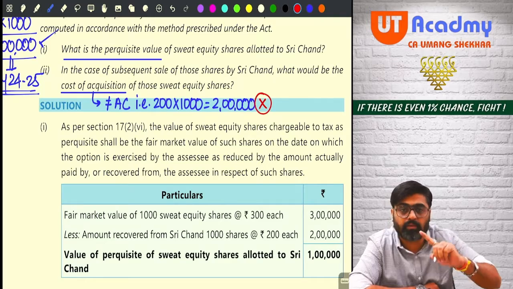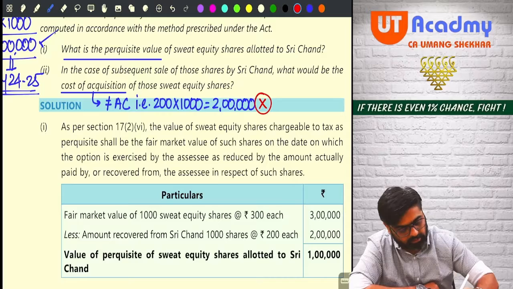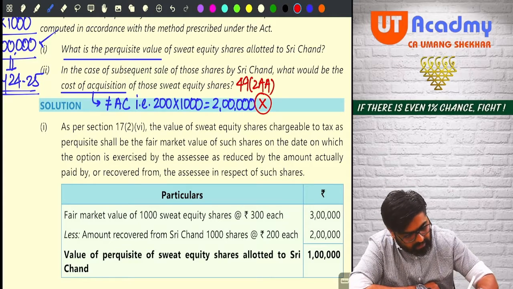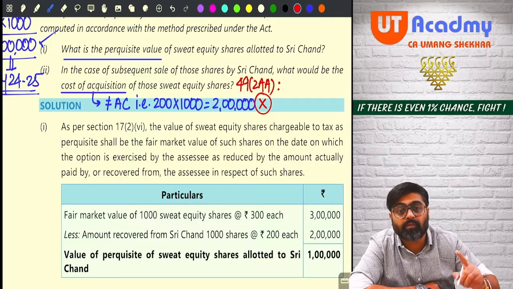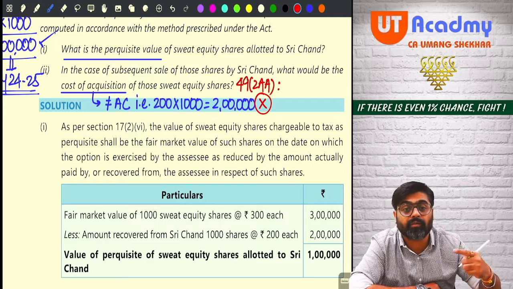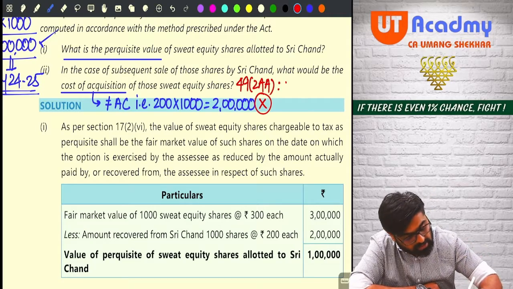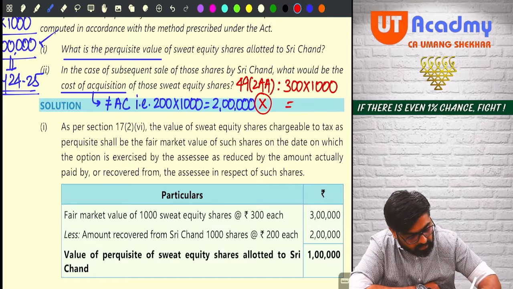Here in case of such type of shares, 49(2) is applicable, and as per 49(2) the fair market value as on the date of exercise of option, which was how much? 300 multiplied by 1000 shares, rupees 3 lakhs.